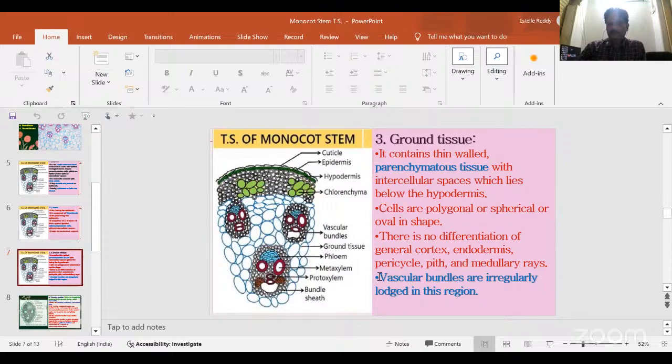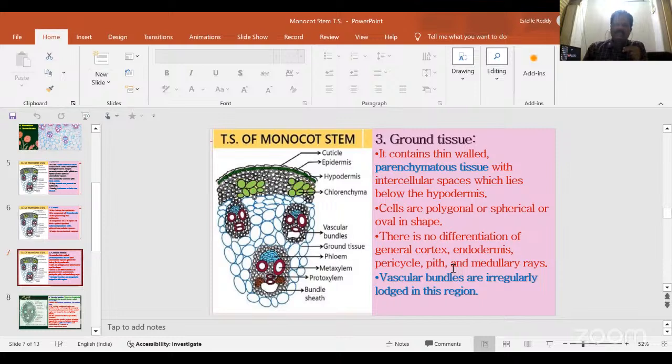Here, in monocot stem, pericycle, medulla, and medullary rays are absent. In cortex, general cortex and endodermis are absent. In stele, pericycle, medulla, and medullary rays are absent.